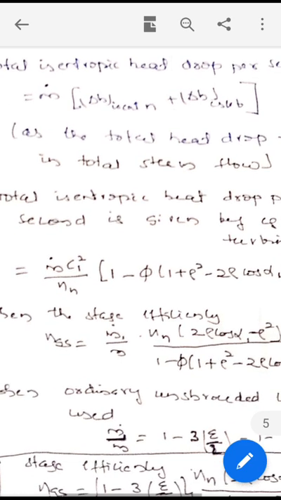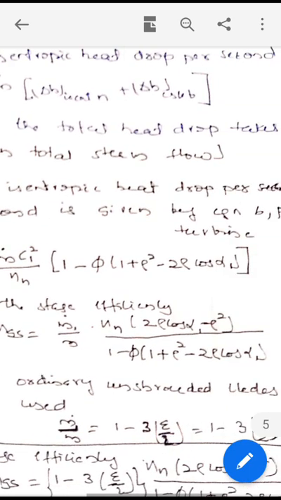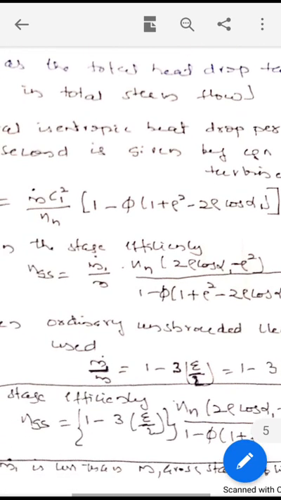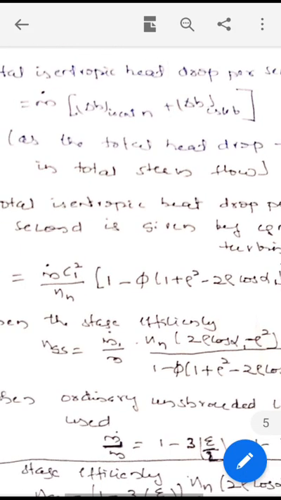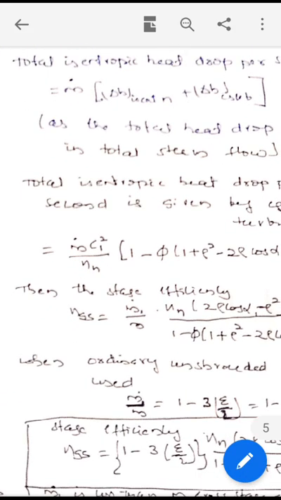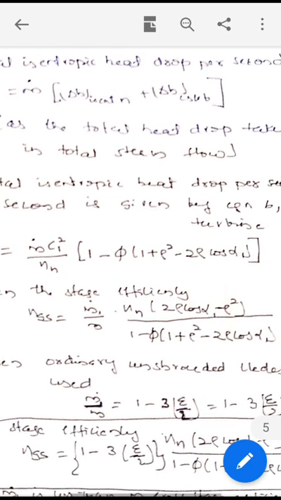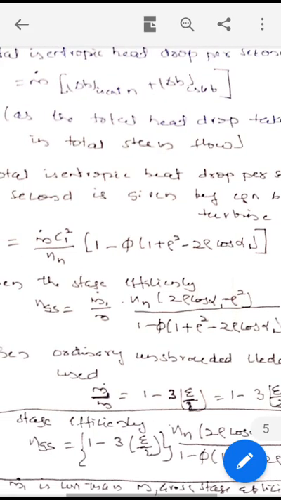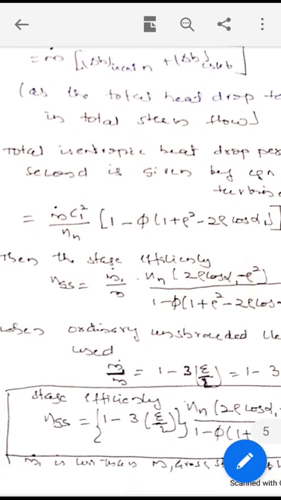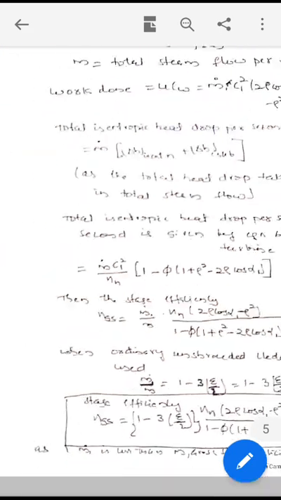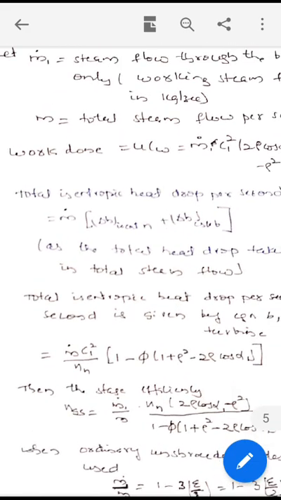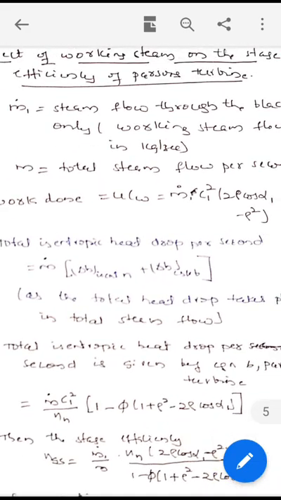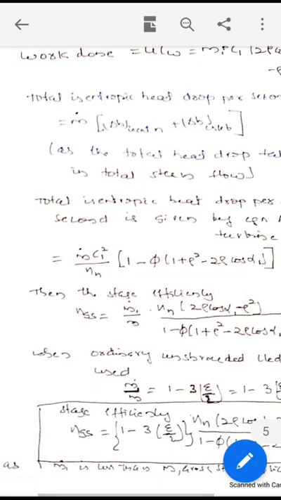Therefore, the total isentropic heat drop per second is given by M dot C1 squared / (eta n) times (1 - phi1 + rho squared - 2 rho cos alpha 1). This is equation 6, which we came across while deriving the gross stage efficiency of a Parsons turbine. Note that M1 dot is used for finding the work done on the blades, and M dot is used for finding the isentropic heat drop per stage.